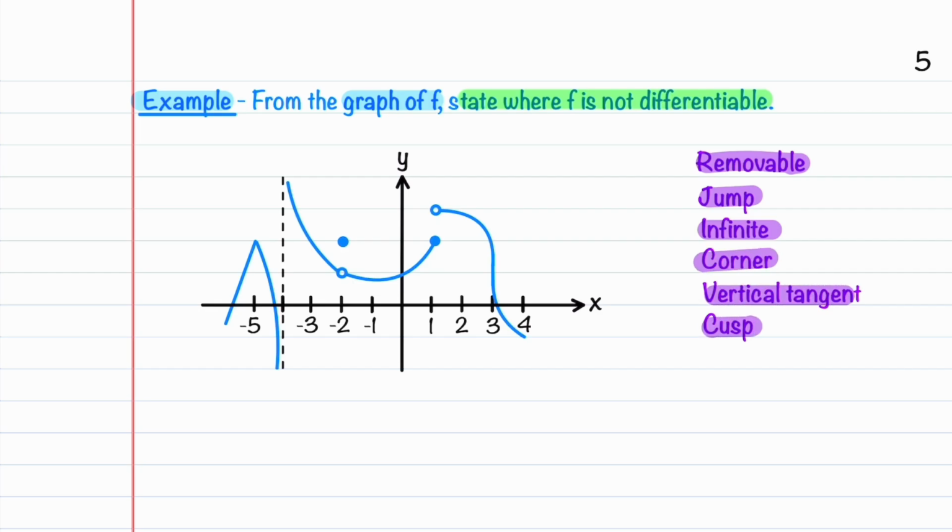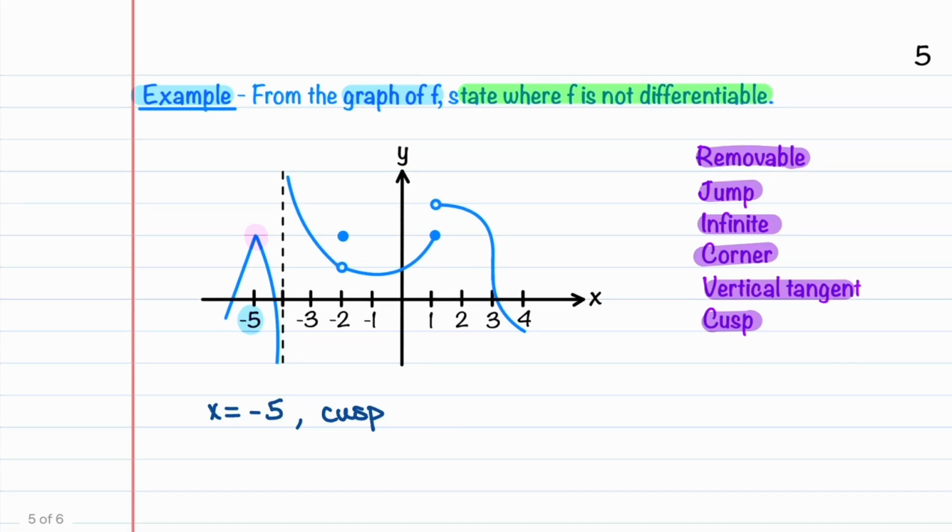Let's start looking at our x values as we go from left to right. When x is equal to -5, we have what looks like a cusp. So at x is -5, our function is not differentiable, and the reason is that we have a cusp.